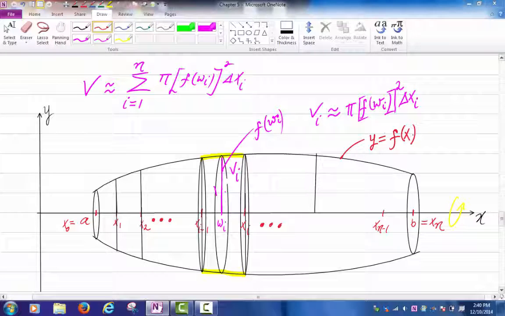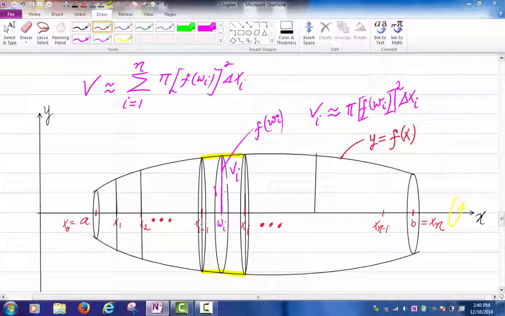At wi, if I look at the cross section, I get a disk. What is the area of that disk? Well, it depends on the radius of the disk.